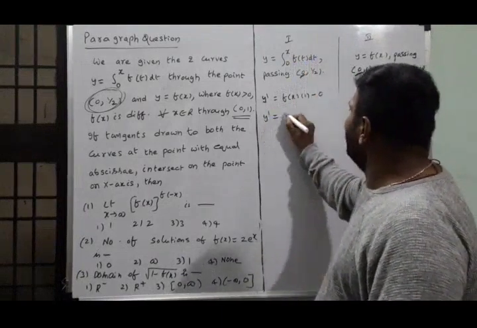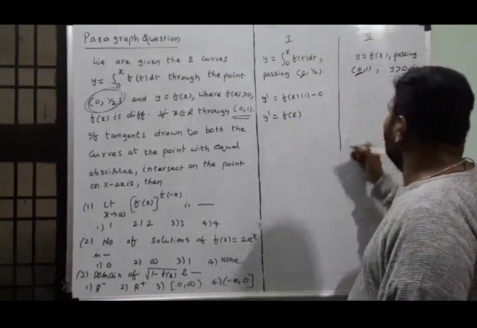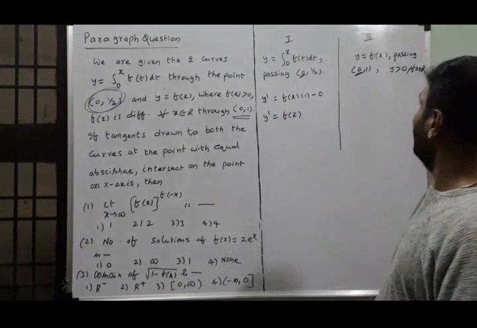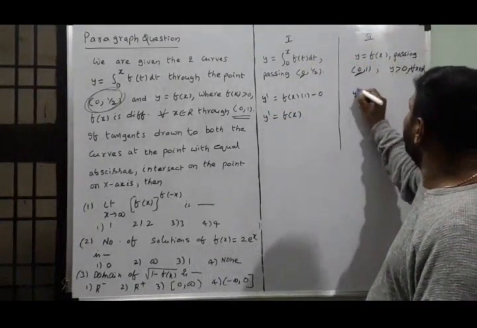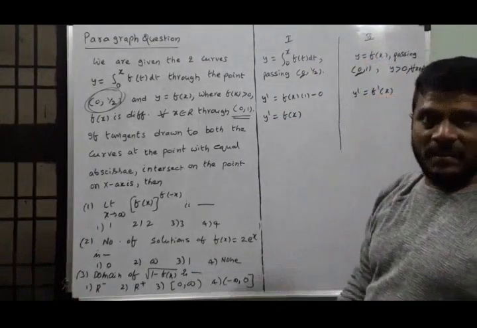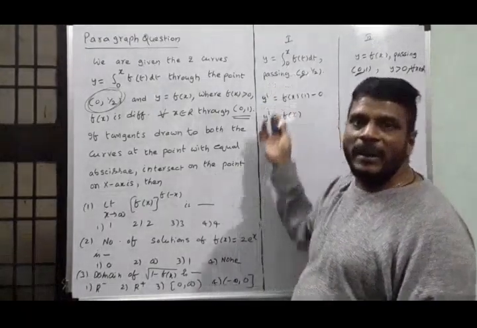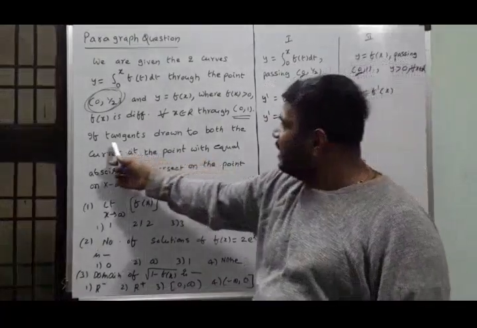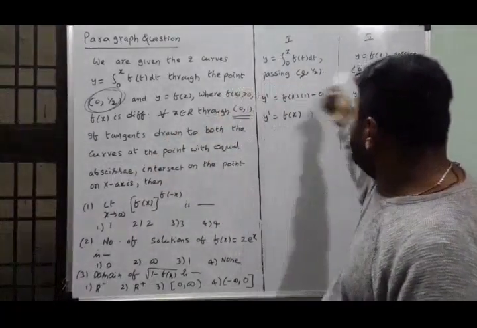So y' = f(x). For the second curve, differentiating both sides, y' = f'(x). Now we know the point and we know the slope. Using the point-slope form, find the tangents to both the curves.